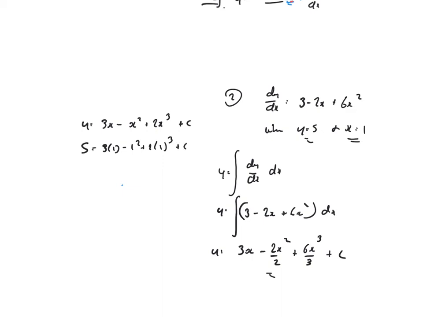So 5 equals 3 minus 1 plus 2 plus c, 5 equals 4 plus c, so c is equal to 5 take away 4, which is 1. So the function is 3x minus x squared plus 2x cubed plus the constant of integration, which is 1.